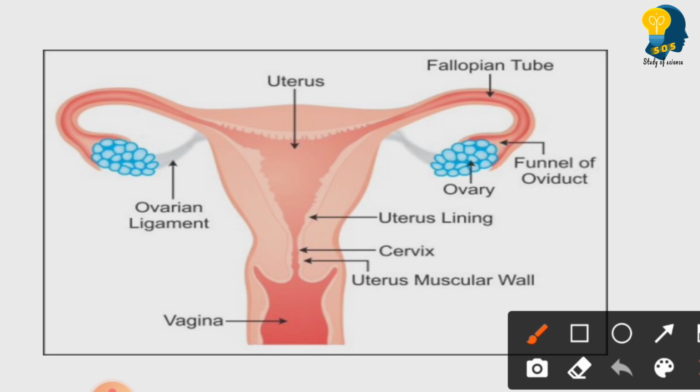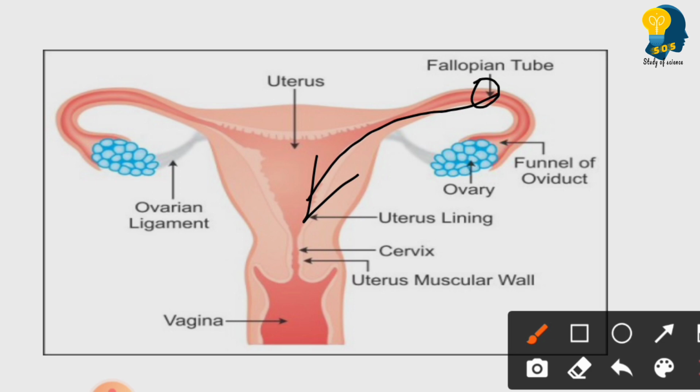So the unfertilized egg which is present in the fallopian tube, after 24 hours, gets discharged into the uterus. Clear? The unfertilized egg, after 24 hours, when it does not come in contact with the sperm, just falls into the uterus. It degenerates in the uterus. Clear? So this is what happens when the egg does not come in contact with the sperm.